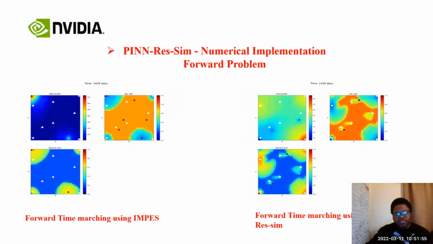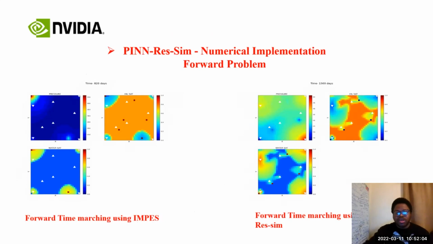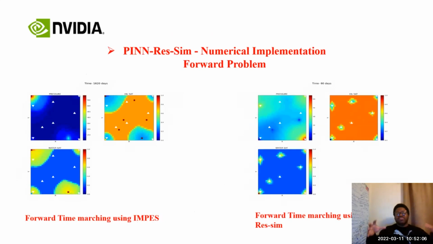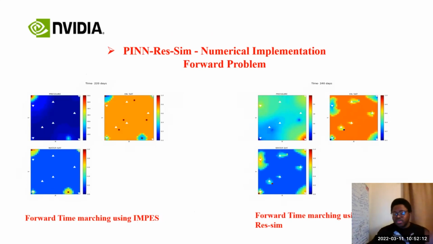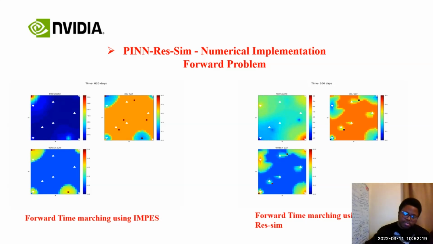The left is the full finite difference approach; the right is the PINN. The error bar was very, very low, although I didn't show it here, but you could see that both of them obey the same physics in pushing the oil towards the producer. So this gave me confidence in using this as a forward model during my history matching approach.